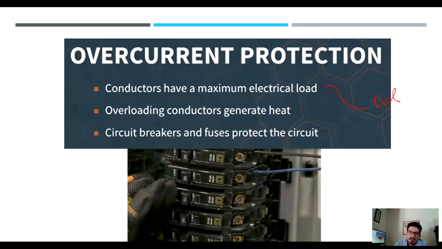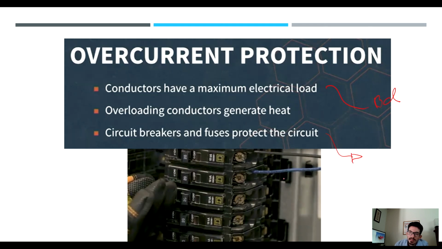Overloading conductors can generate heat. That's why you can see smoke, and sometimes explosions of transformers. Circuit breakers and fuses protect the circuit. So in a control box and in a panel board, you would have breakers and fuses connected throughout the system to protect the flow of electricity.